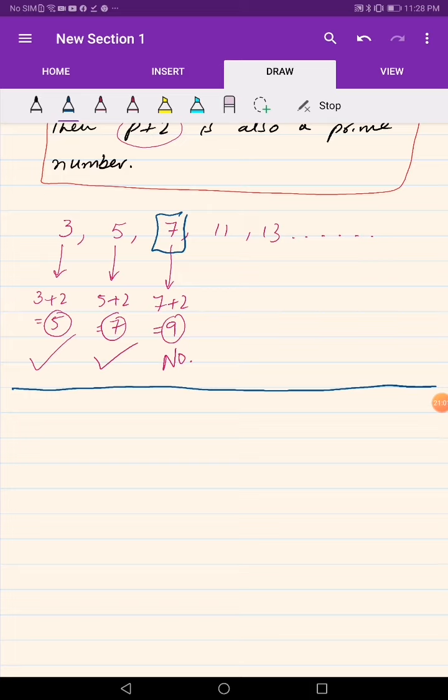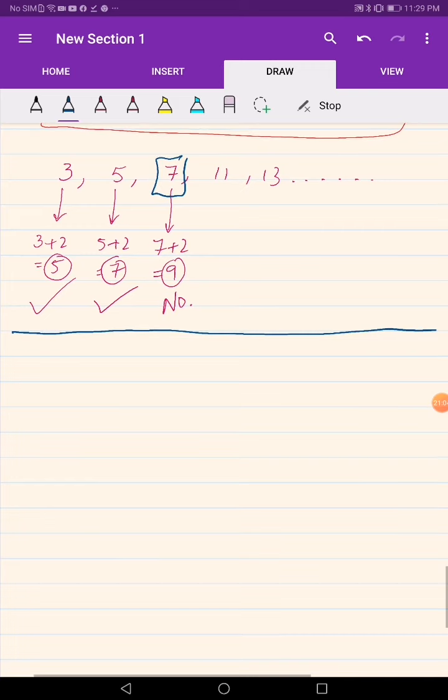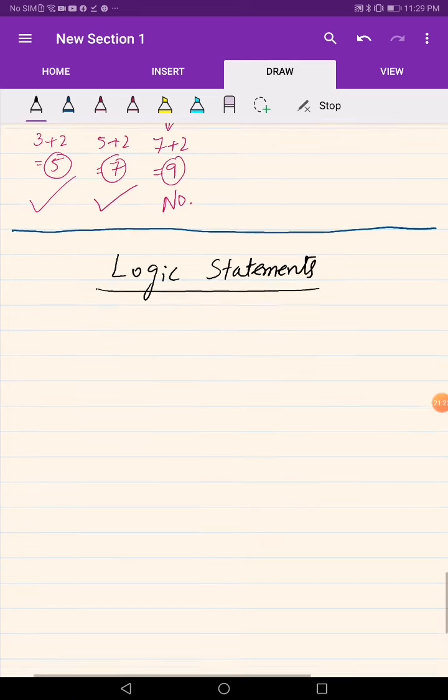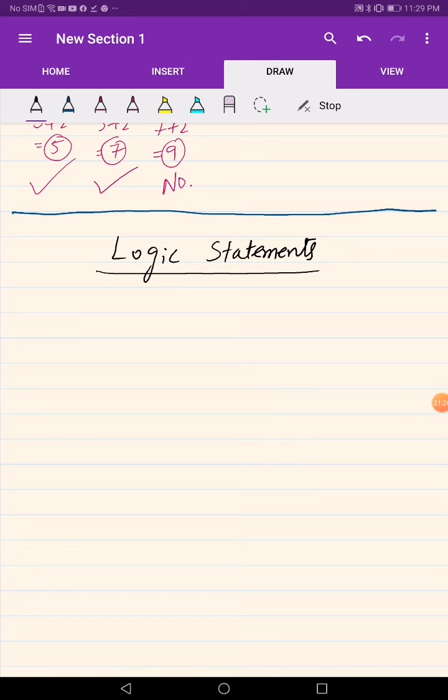Now I'm switching to my next case, which is based on logic. So logic statements. Logic statements are basically of three types. Number one is called conjunction statement.